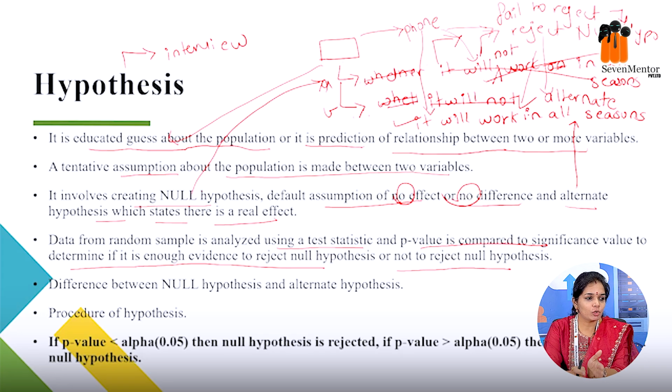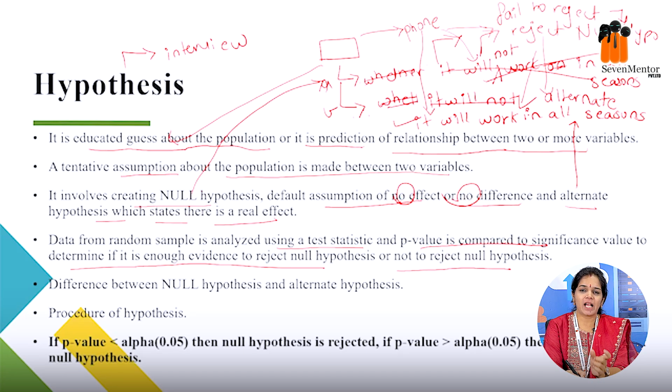Just now you might have observed I am not using the word accept for the null hypothesis. That's because we don't actually want to accept the null hypothesis. We want to reject it only. So we say I fail to reject or I reject the null hypothesis. Fail to reject is indirectly accepting it, but I won't use the word accept with the null hypothesis. I will use the word accept with respect to the alternate hypothesis only.